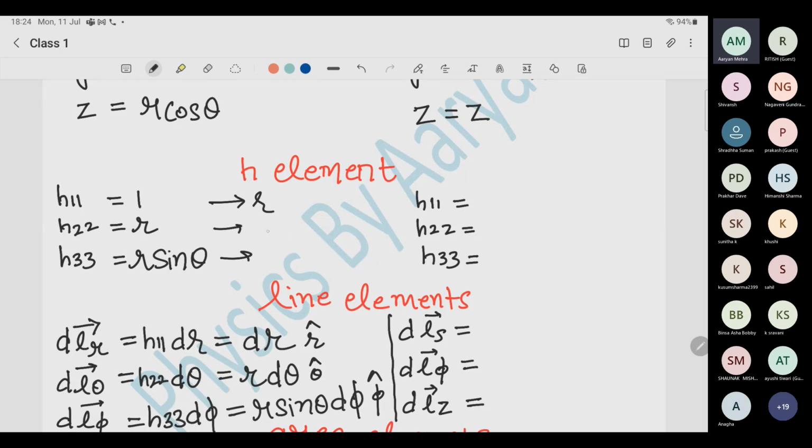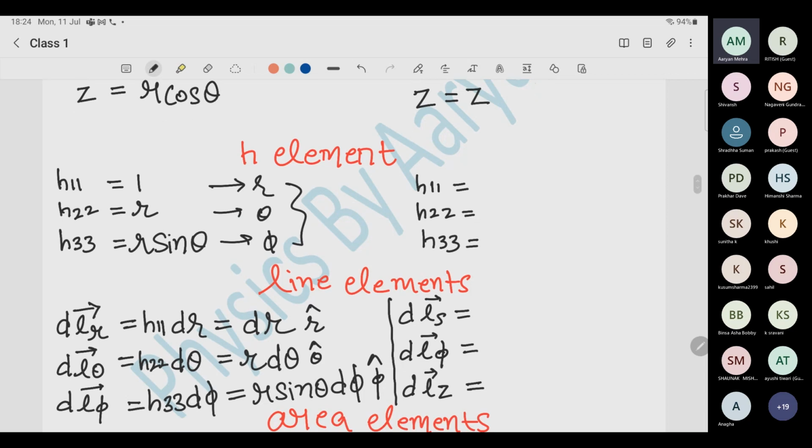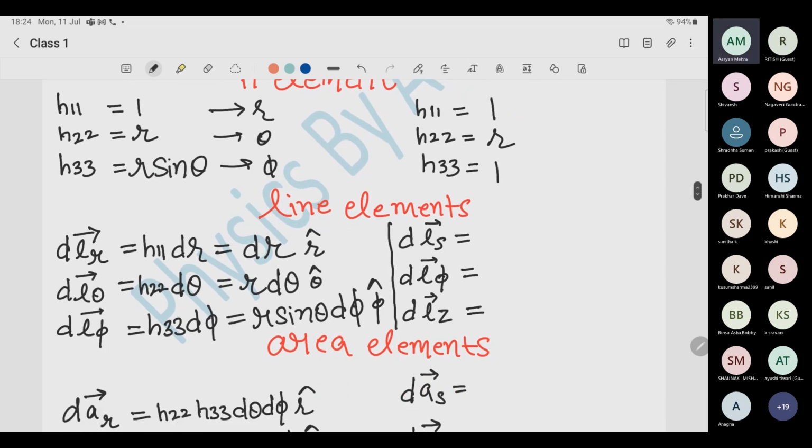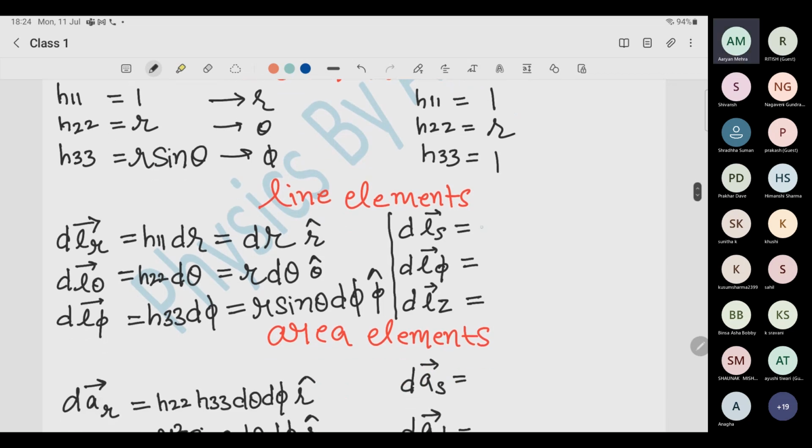If you write phi first and theta after, you will be in trouble. In cylindrical polar coordinates, h11 is again 1, h22 is again r and h33 is again 1. That's it, simple.